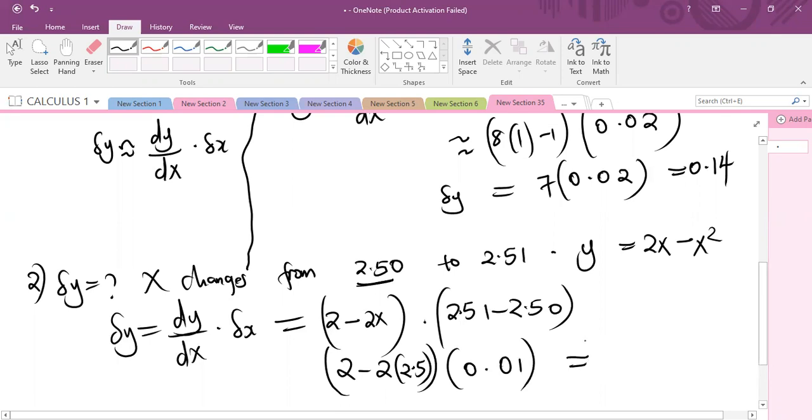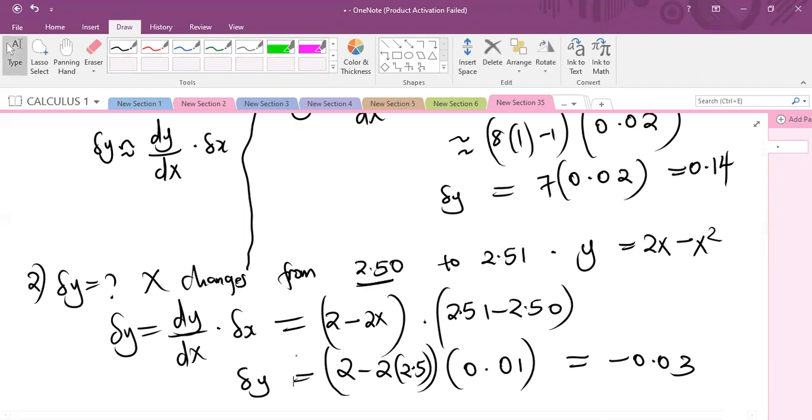So if you evaluate that correctly, what do we get? If you multiply this, you're going to get minus 0.03, which basically is the change in y.